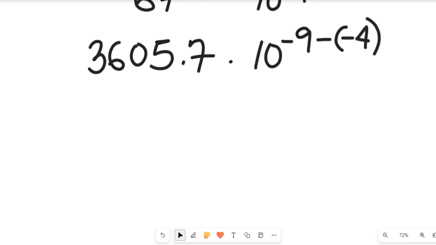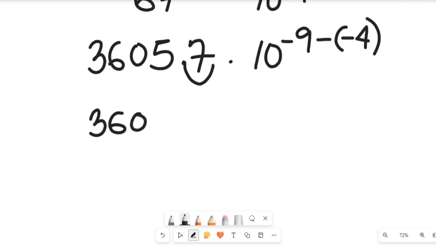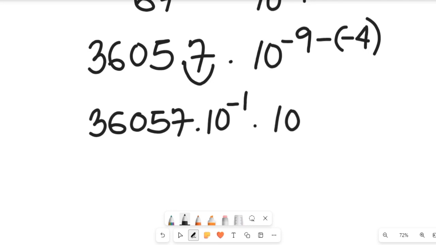Now let's look at how we'll simplify this. We're going to move this decimal point one place to the left, so that will give us 3605.7 multiplied by 10 to the power of minus 1. Now multiplied by 10 to the power of minus 9 plus 4.